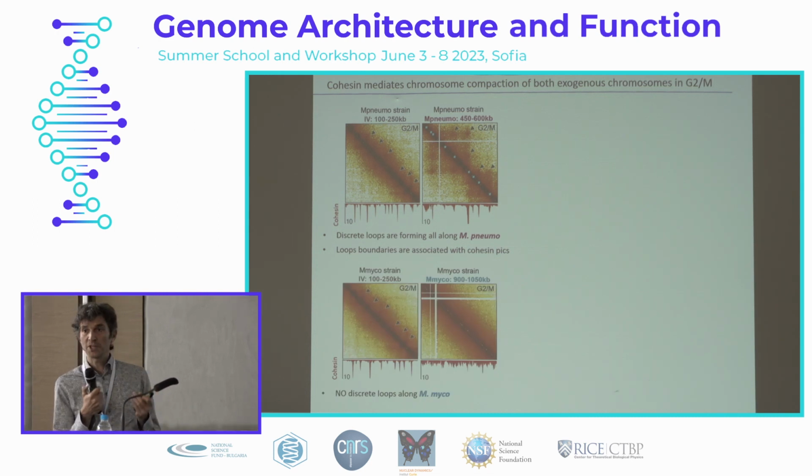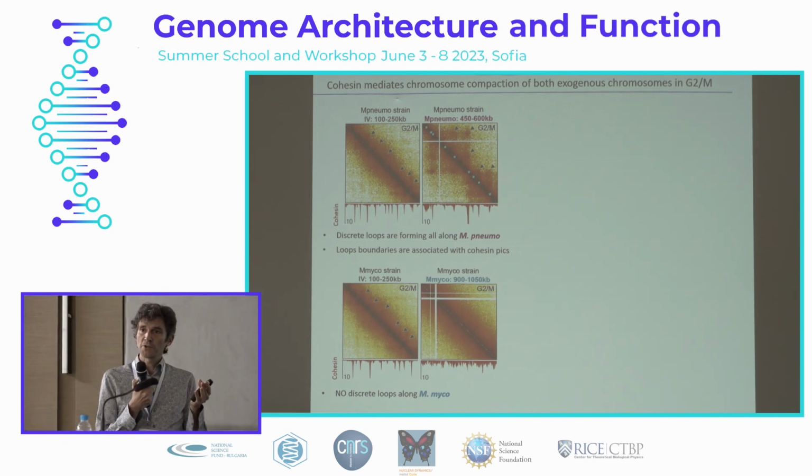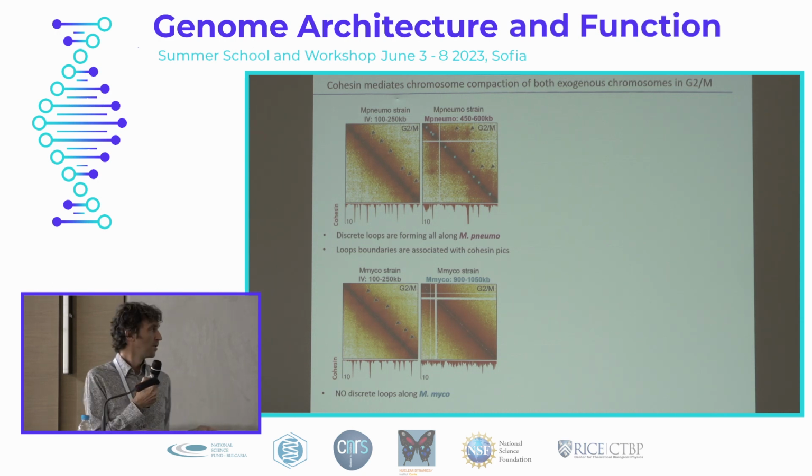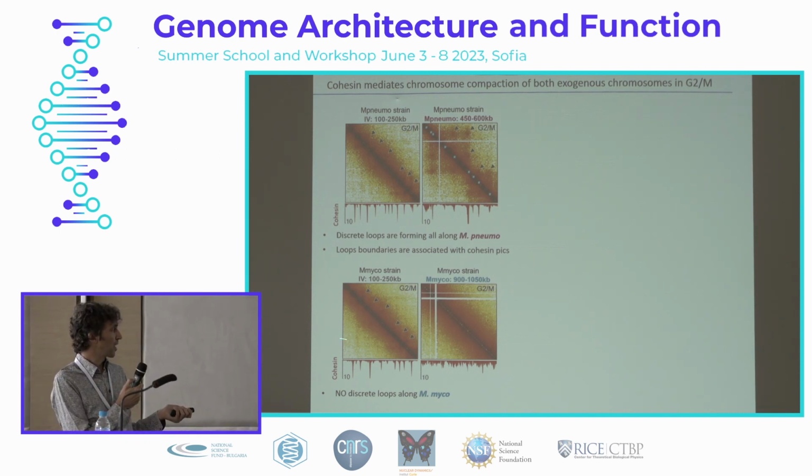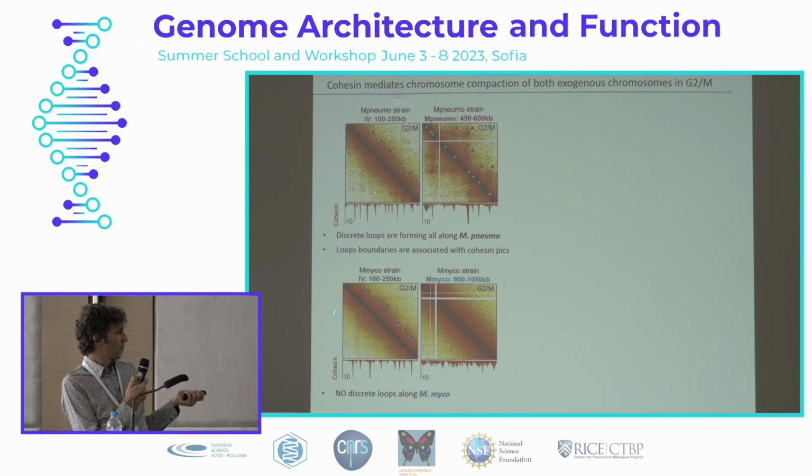When we look at the inactive AT-rich sequence, it's quite different. Although the contact frequency curve fits with the native yeast curves, suggesting that the chromosome is well folded, it doesn't exhibit discrete loops. Now this is a piece of yeast chromosome from the same strain.